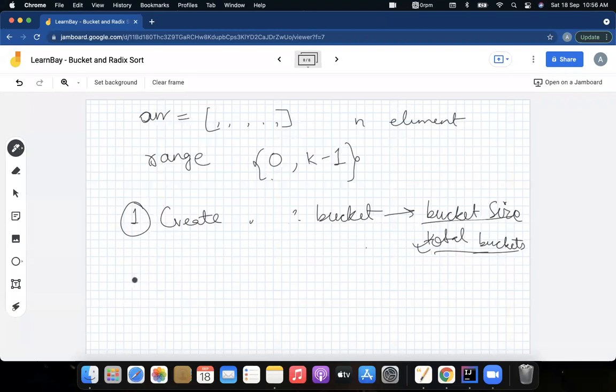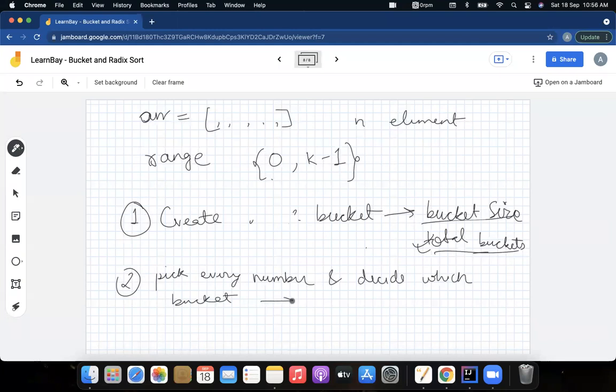Once you create your buckets, now you need to pick every number and decide which bucket it goes to. So far, we were doing it in a brute force fashion. We were asking questions. Is it 0? Is it 1? Is it 2? Is it 3? Is it 4?